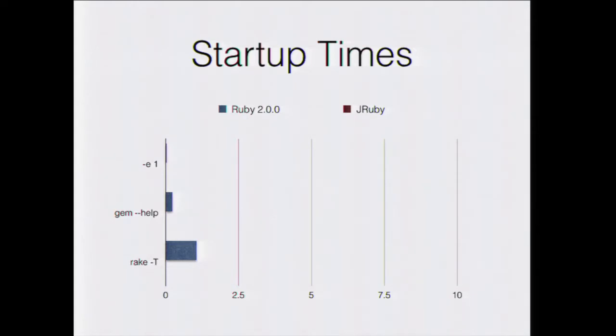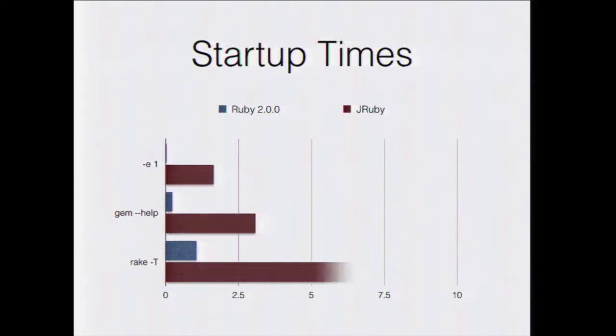I believe this is just the Rails app, to list all the rake tasks that are defined for the Rails application. You can see it's, let's see, 2.5, right? So it's about 1 second max for MRI. For JRuby, it's forever.